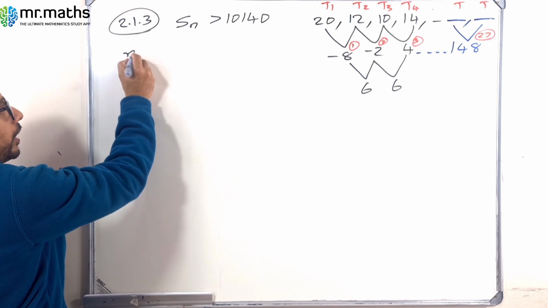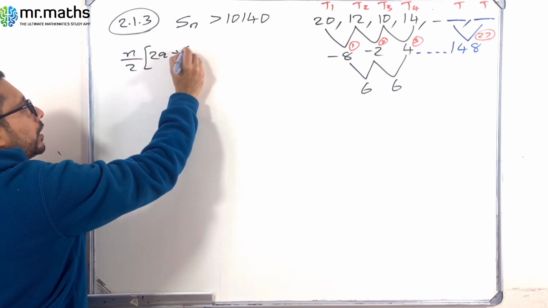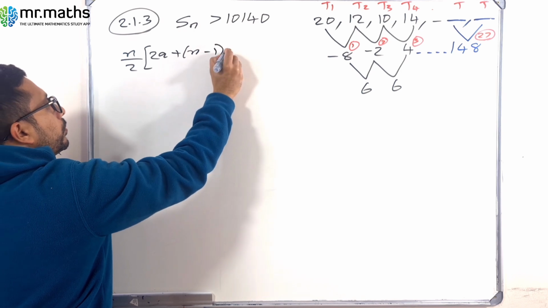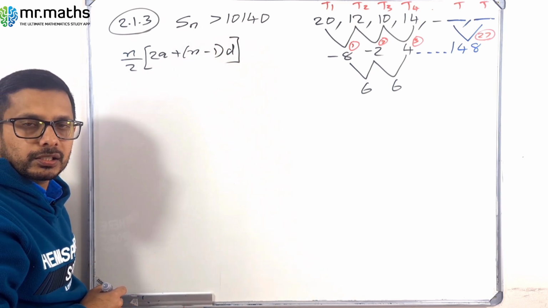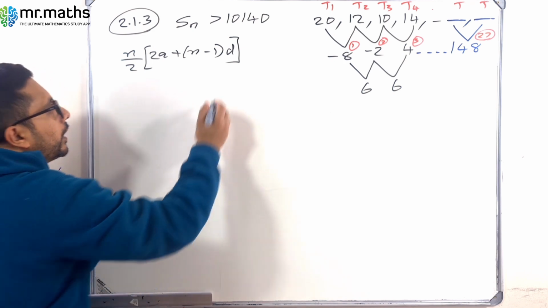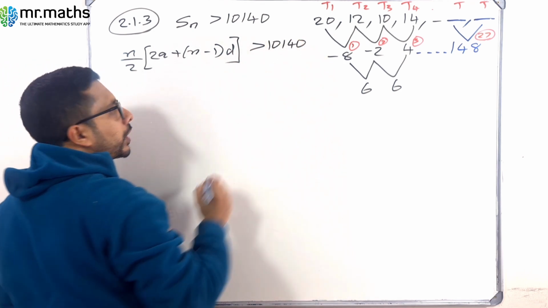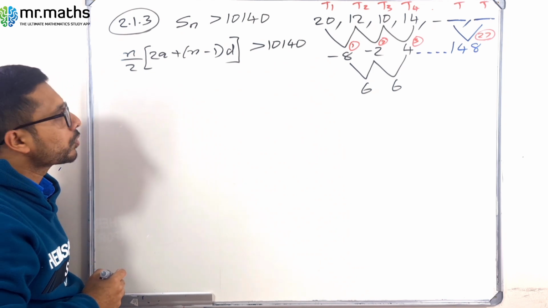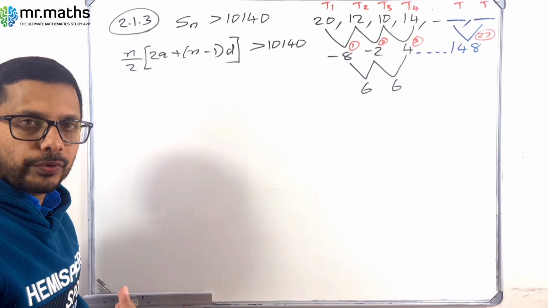You know the formula: n over 2 into 2a plus n minus 1 into d. That is the formula to find the sum of n terms, and that is greater than 10,140.